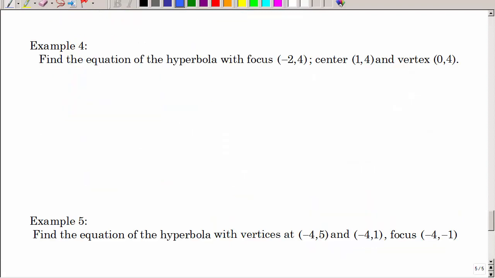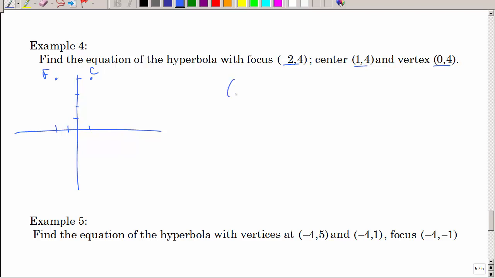Now let's go backwards. Find any equations given information, just like we did on the ellipse. And again, I'm a visual learner, so I'm going to kind of plot these points so I can see which way my hyperbola is going. So let's see, we have a focus at negative 2, positive 4, a center at 1, 4. So automatically, those are horizontal.